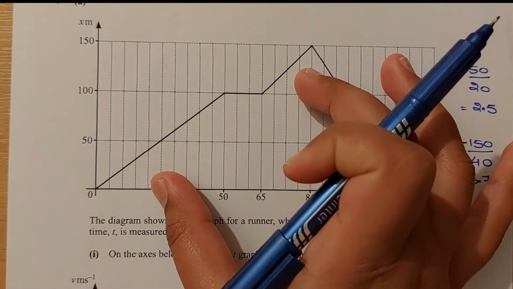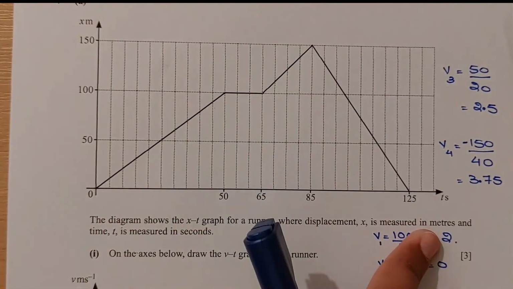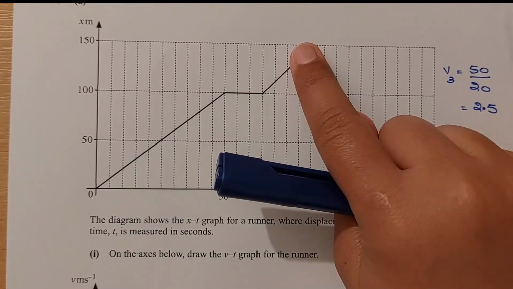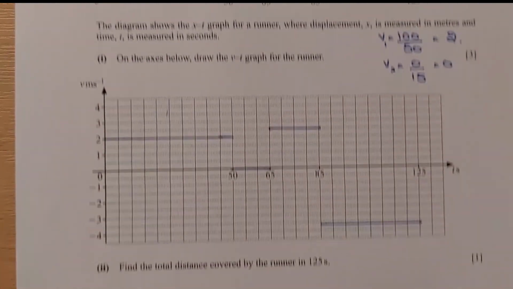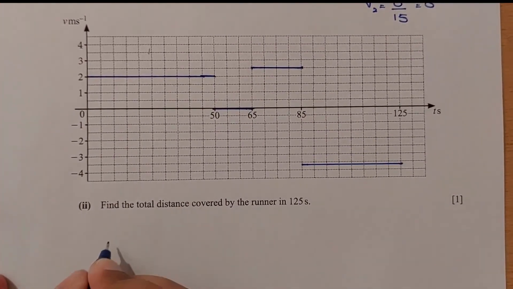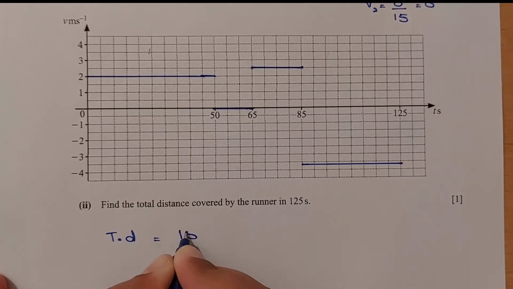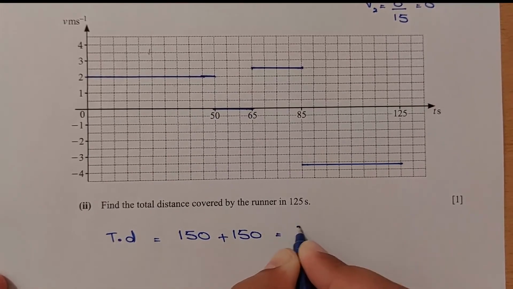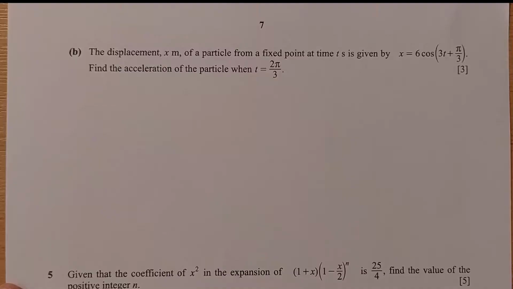And then it's going down again from 150 to 0. So the total distance it covers goes to 150 and then 150. So 150 plus 150 is 300, right? So the total distance is 150 covered upward, plus 150 covered downward, and the total distance he covered is 300 meters in 125 seconds.